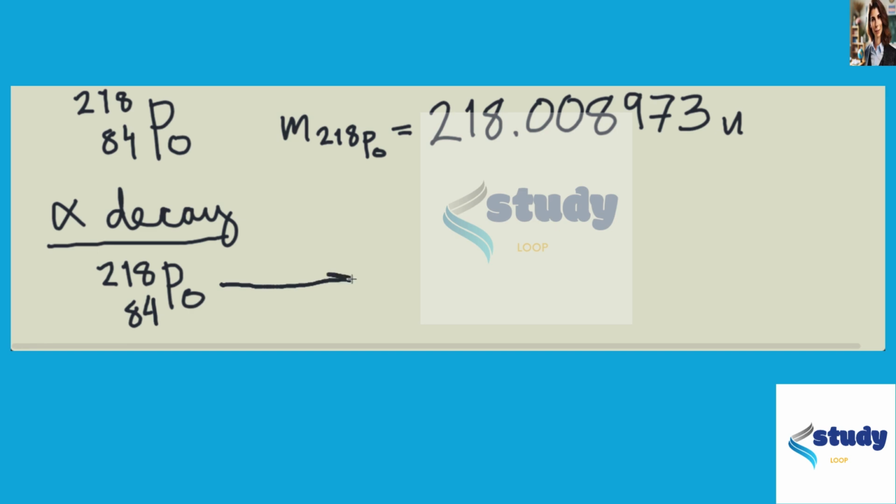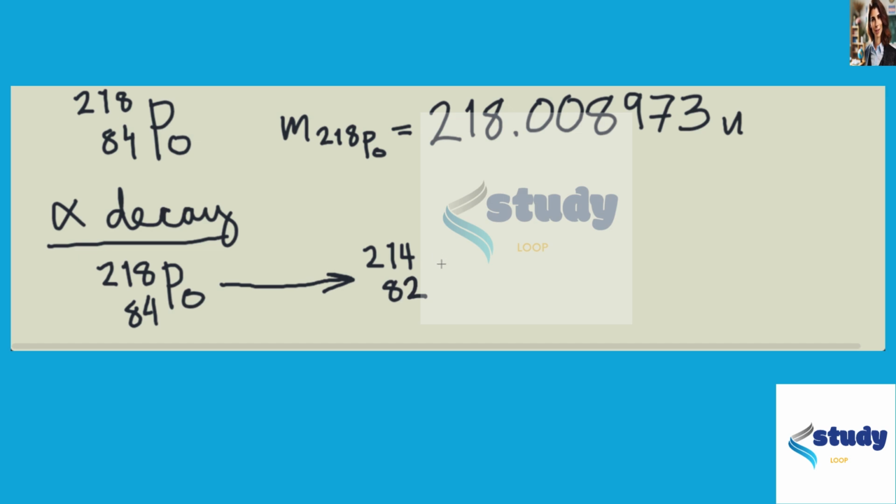In an alpha decay, this parent nucleus is going to lose a helium. Helium has an atomic mass number of 4, so the atomic mass number of the daughter atom is going to go down to 214, and helium has an atomic number of 2, so the atomic number of our daughter is going down to 82.